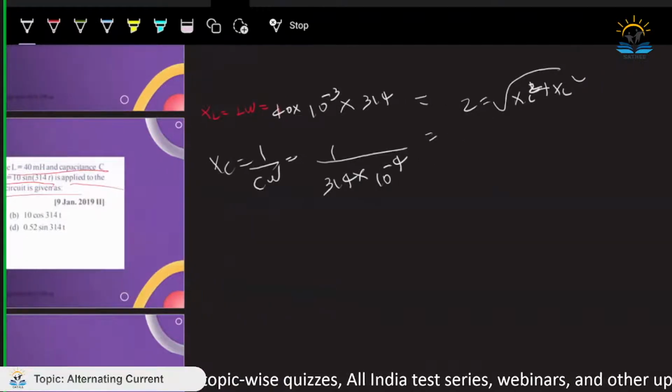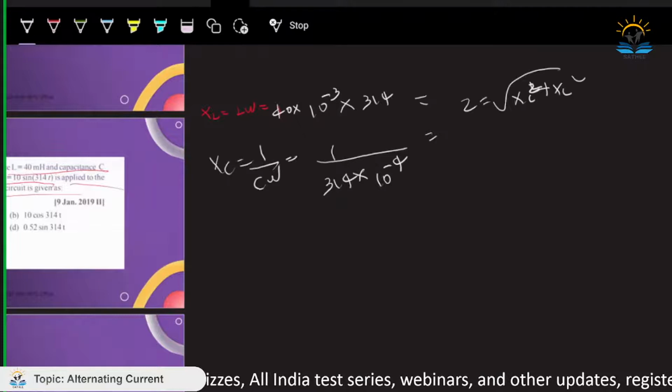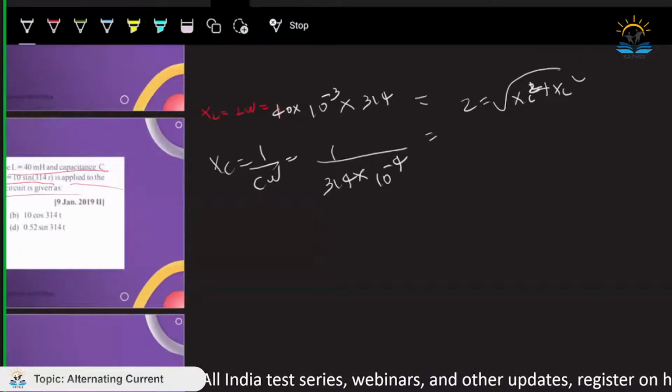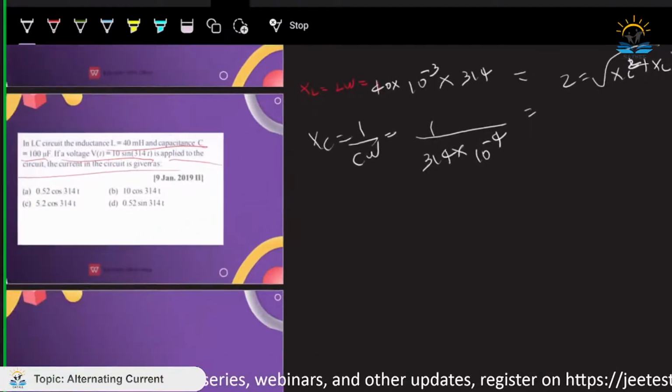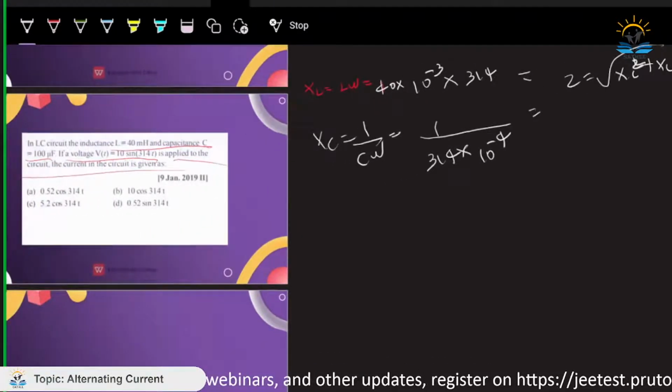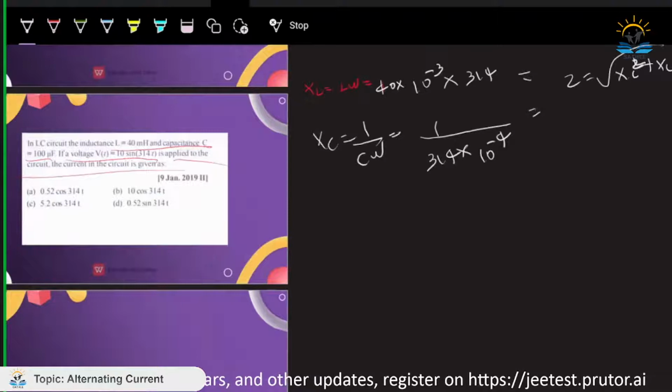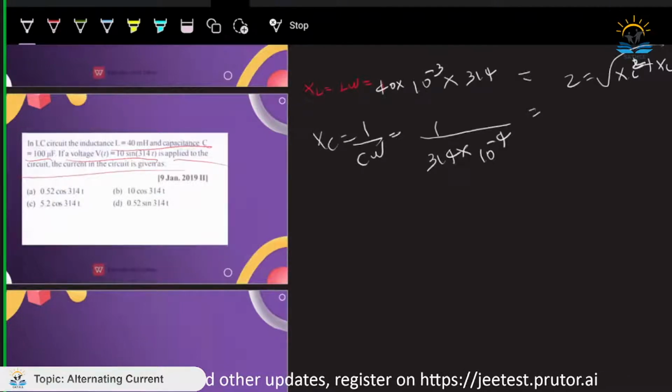If XL is greater than XC, the current is lagging the voltage. If XC is greater than XL, we can say the current leads by 90 degrees. So accordingly, it will be lengthy. You understood the concept, right?